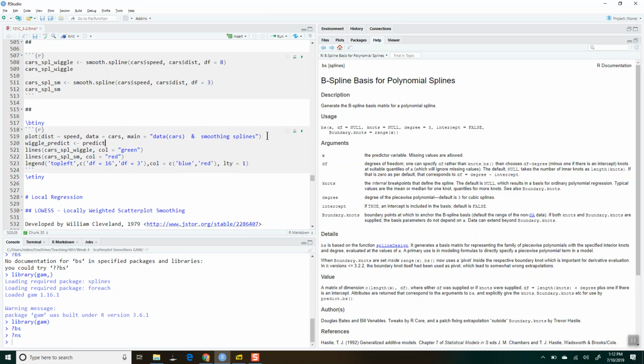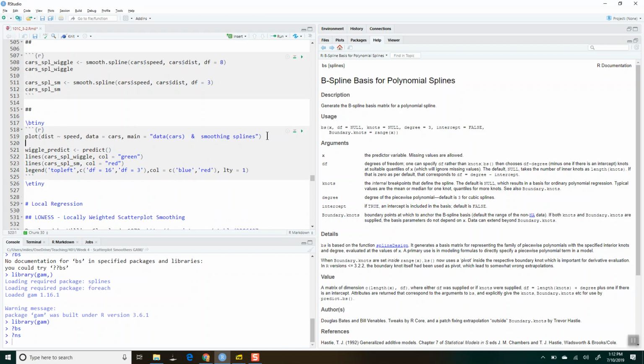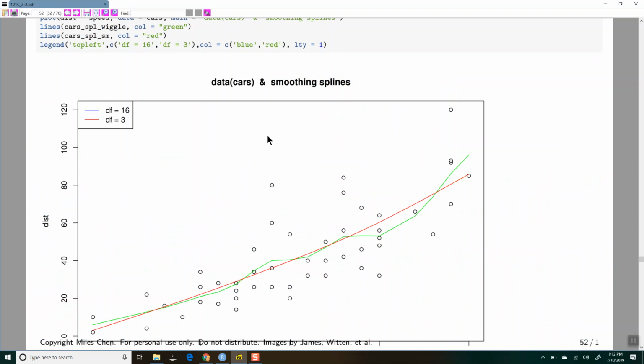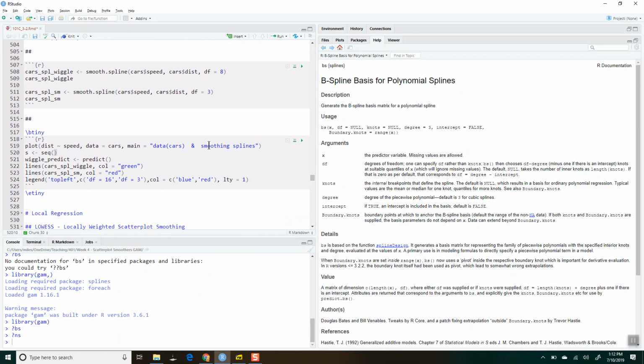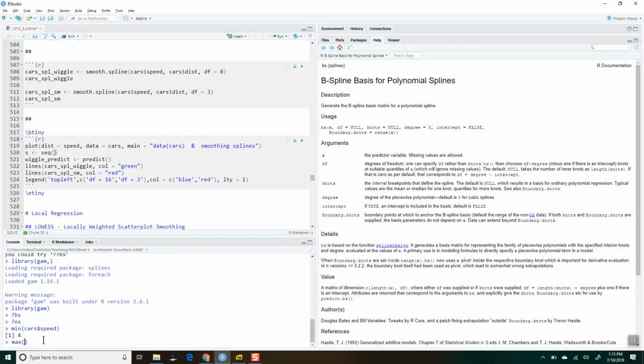I need S to be a sequence from min cars.speed to max cars.speed, 4 to 25, by 0.01.